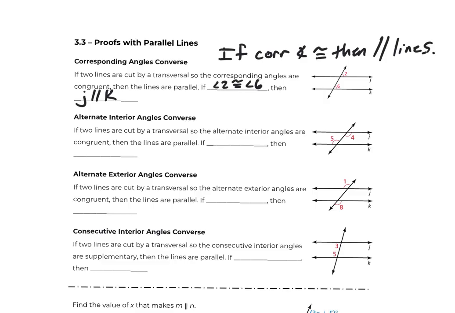Angle 4 is congruent to angle 5. So what this statement is going to look like, if alternate interior angles are congruent, then we have parallel lines. All of these are going to be the converse of what we did yesterday.